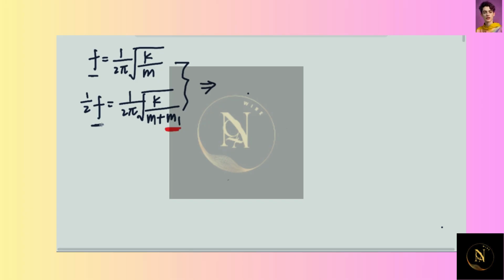So it's going to be 1/2 times 1 over 2 pi square root of k over m. And that's going to give us the same value as the second equation. So we can also take the right half of it, put it on the right side of the equation. So 1 over 2 pi square root of k over m plus m1. And now we have a new integrated equation.